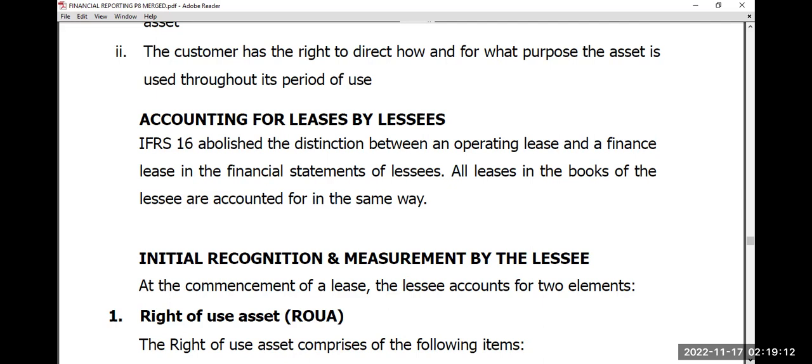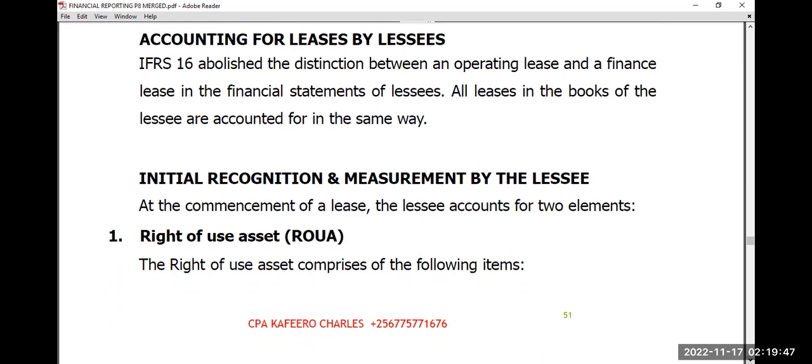So when you are talking about the accounting for leases by the lessee, we are looking at how the person who has acquired the right, at the initial recognition, when you have just acquired the right to use the asset, is going to record those assets.